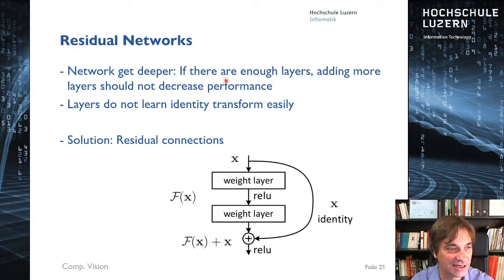Because those additional layers, if they should not do something, then they have to learn to leave the image or the features at that point to where they were before. So they would actually need to learn the identity transformation. But layers are usually initialized close to 0 with some random noise in the vicinity, and so it's not so easy for them to actually learn the identity transformation, and they did not.